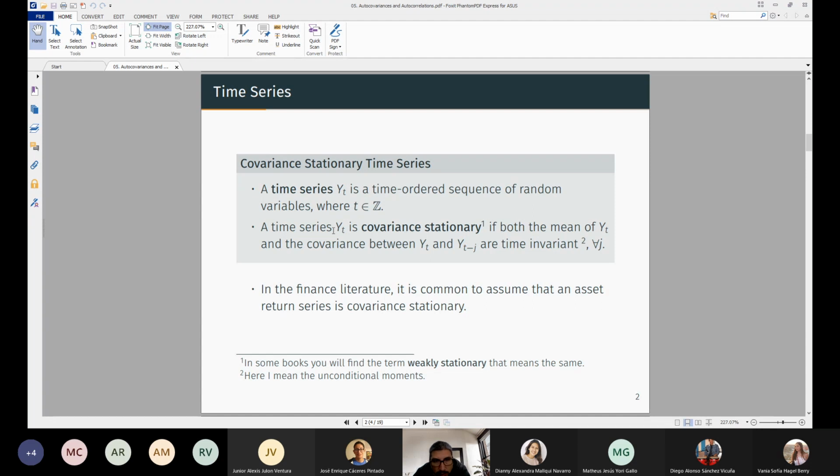A covariance stationary time series is a time series that has a constant mean, constant variance, and the covariance between yt and yt minus j is time invariant.